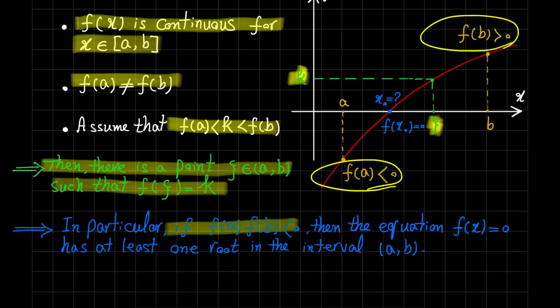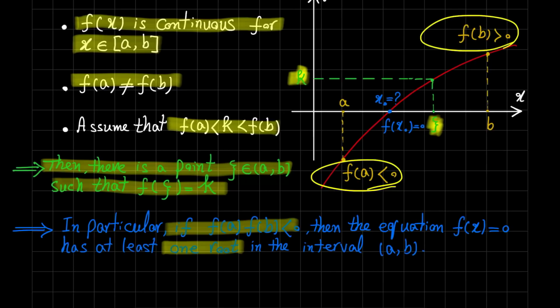So then we can have our final conclusion. If f(a) times f(b) is negative, then the equation f(x) equals 0 has at least one root in the interval [a, b]. You can see on the graph that since it's continuous, and f(a) is negative and f(b) is positive, there is at least one intersection between the red curve and the x-axis at x0.